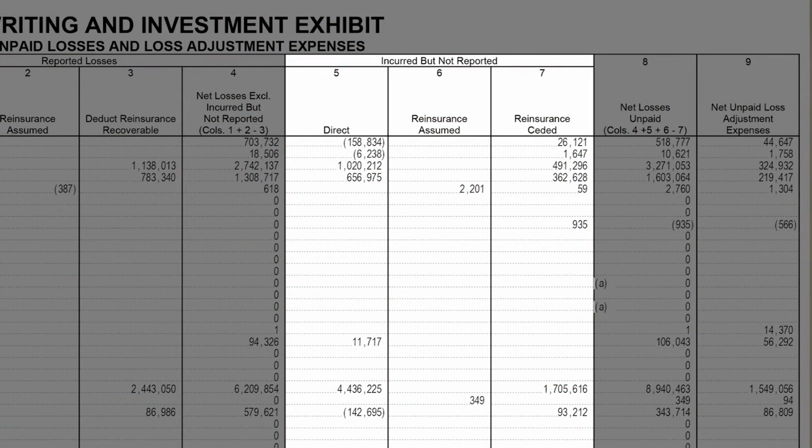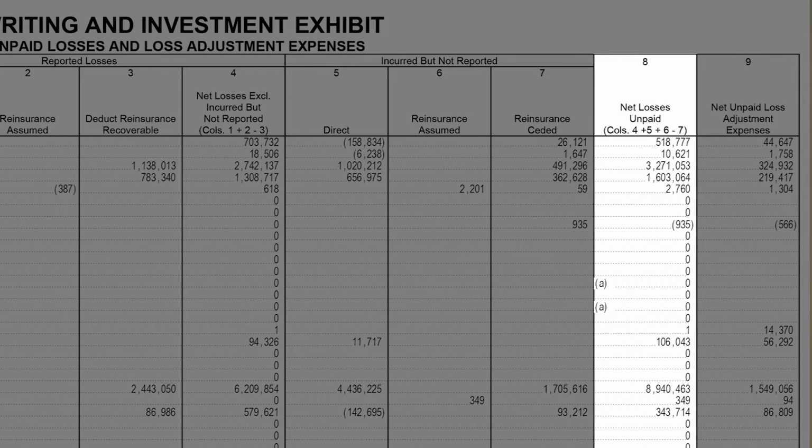Moving on to columns 5, 6, and 7, these 3 columns deal with the incurred but not reported claims. And I mentioned a little bit earlier on page 3 that the incurred but not reported is a component of the overall losses that really relates more to a timing issue than probably anything else. Column 8 is net losses unpaid.